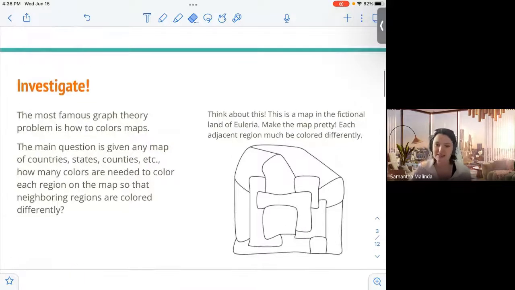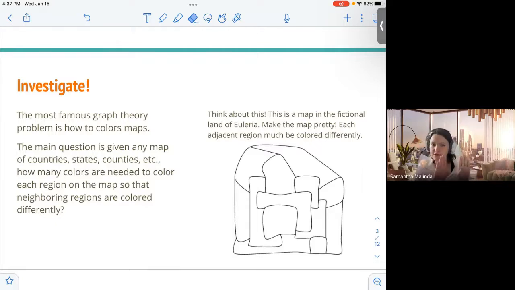So let's talk about this investigation. The most famous graph theory problem is how to color maps. And this is what vertex coloring is. The reason this is important is because in any maps, countries or states, counties, whatever map you're looking at, you might see that every state or such are different colors.